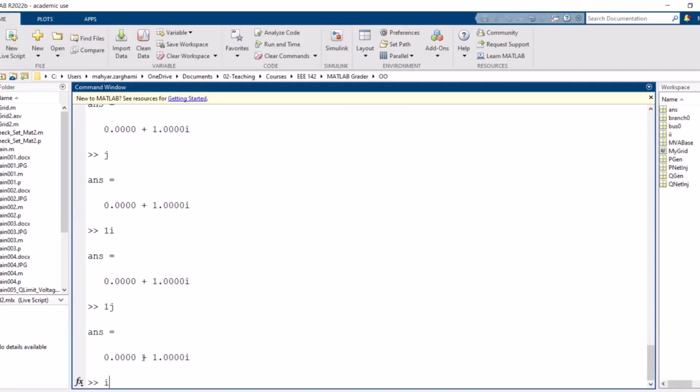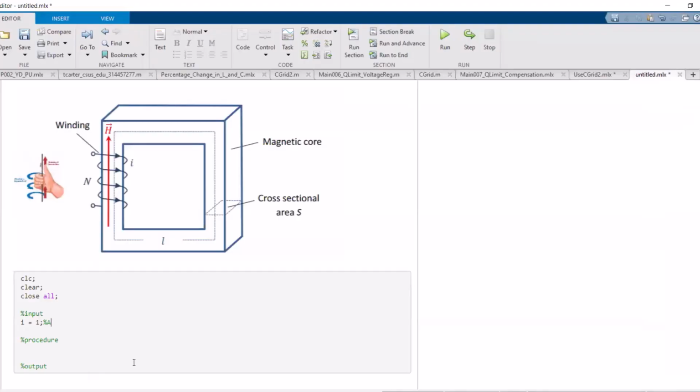So even though I put i equal to 1 here, if I call i, it won't give me the imaginary unit anymore, but 1i always gives me 0 plus 1j, same thing. So that's good practice, to just use 1i or 1j during your calculations. So I put i equal to 1.